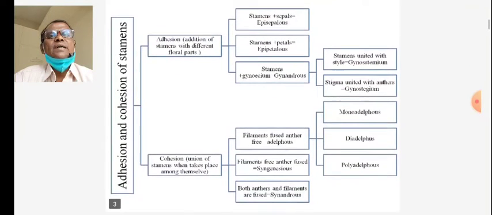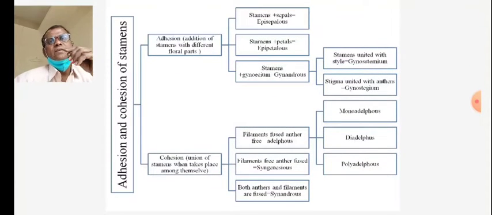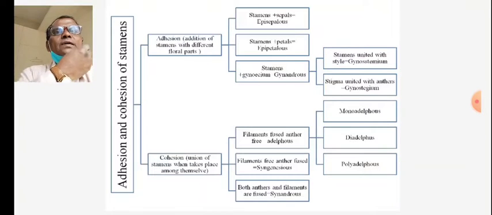Firstly, adhesion is the attachment of stamens with different floral parts. Stamen attached to sepals is commonly called episepalous. Stamen attached to petals is called epipetalous. And stamen attached to gynoecium is called gynandrous.